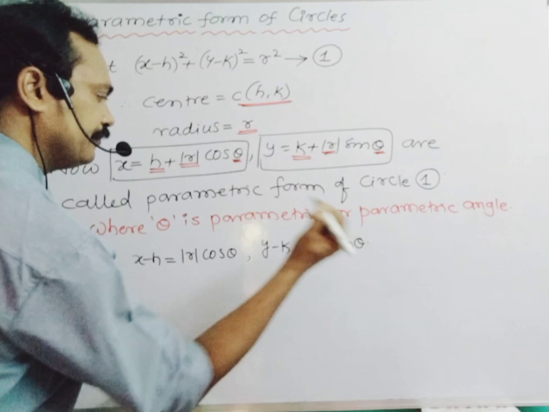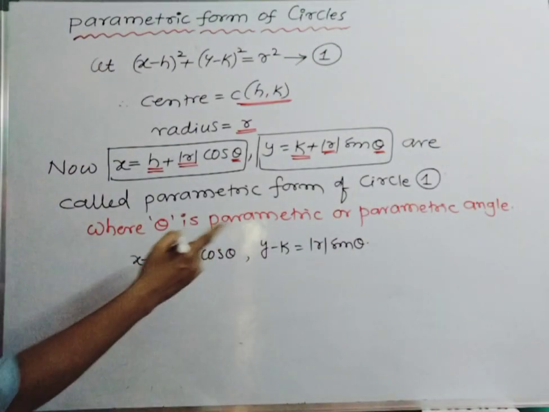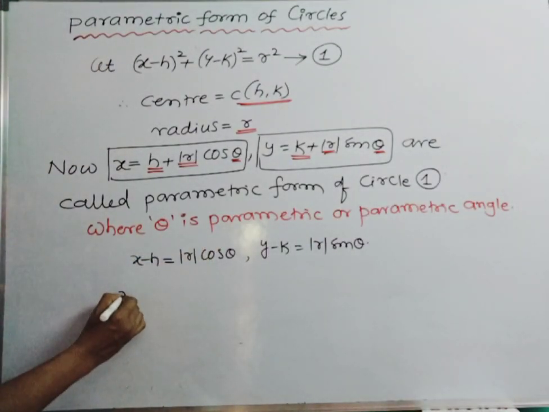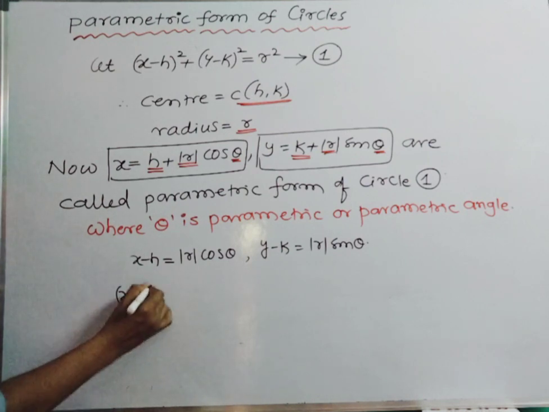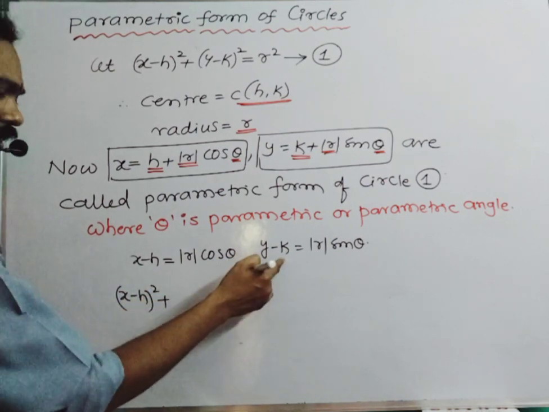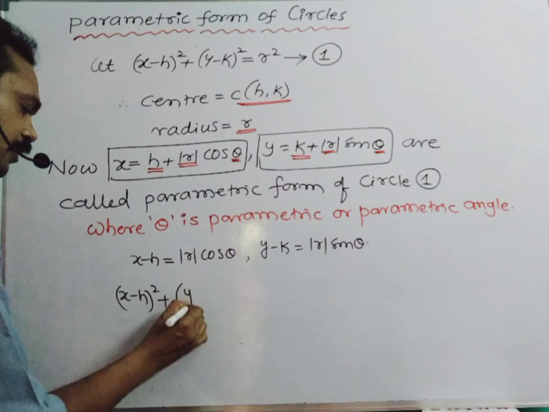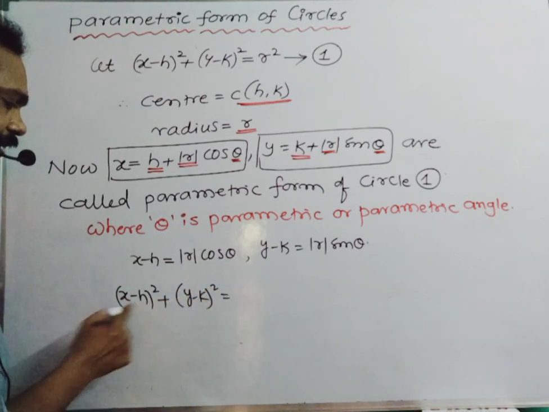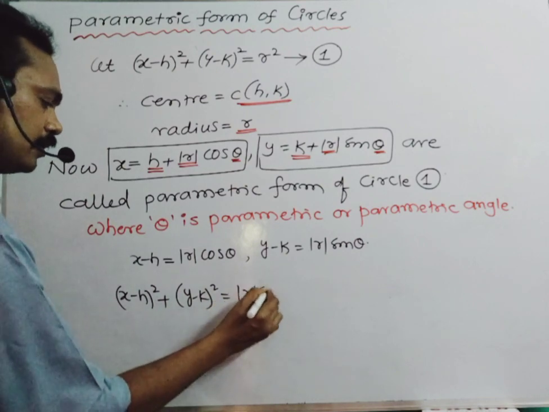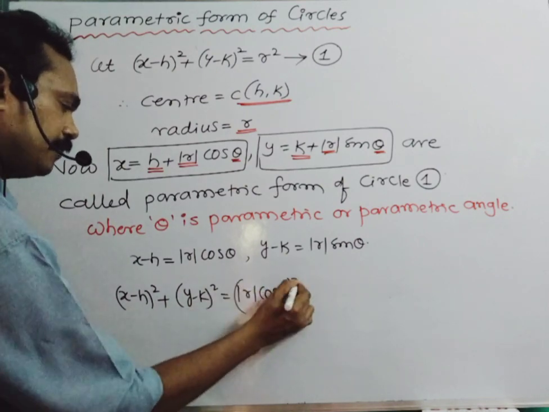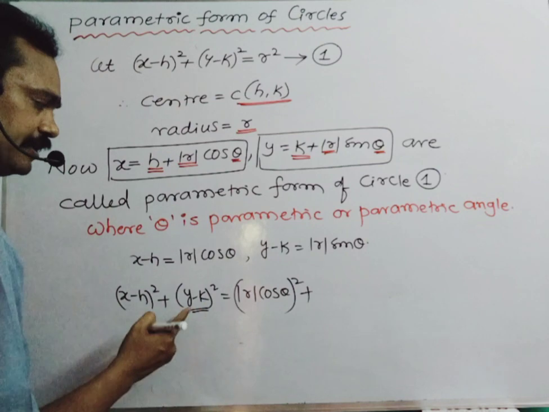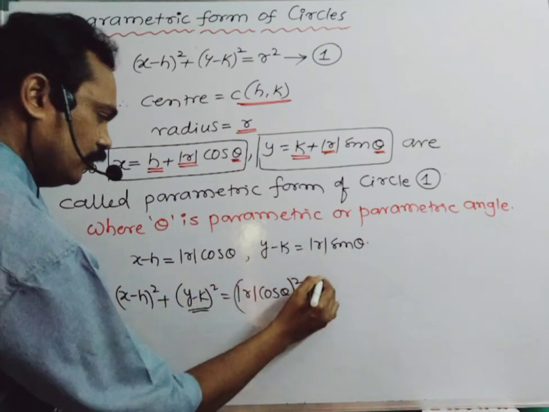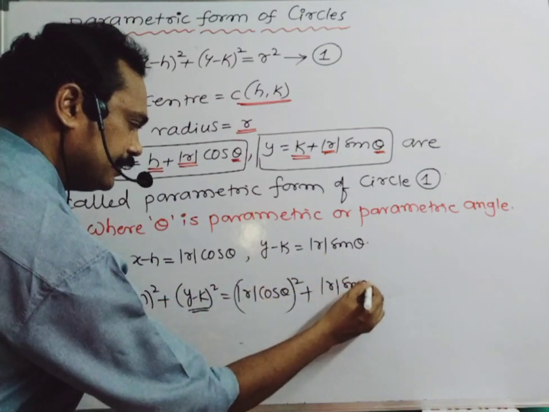Is it okay? Now by squaring on both sides and adding: x minus h whole square, the LHS part squared, and in the second equation also the LHS part squared, equals its right hand side, modulus r cos theta whole square plus r sin theta whole square.